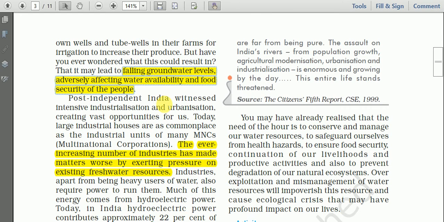Another important point, actually this is not the cause, this is the consequence of the overexploitation of water resources. When we overexploit the groundwater, the groundwater will be lowered, affecting the water availability and the food security of the people.